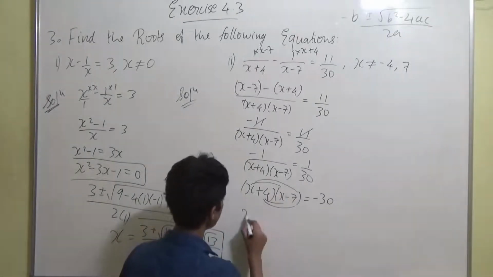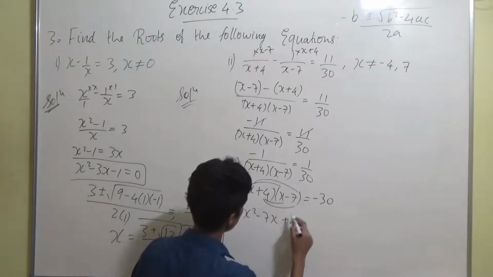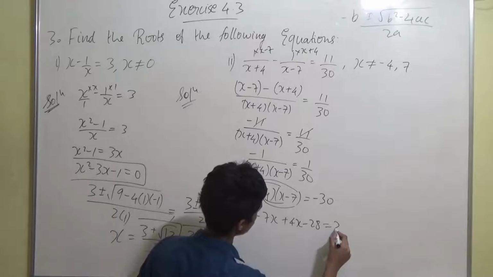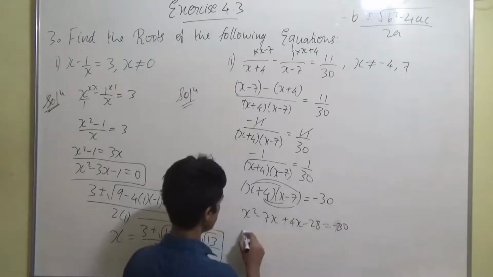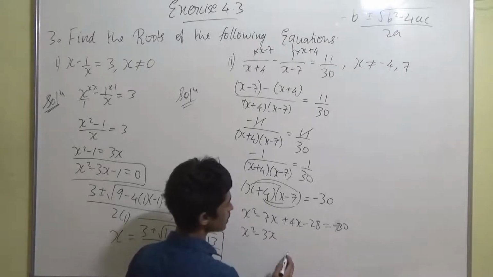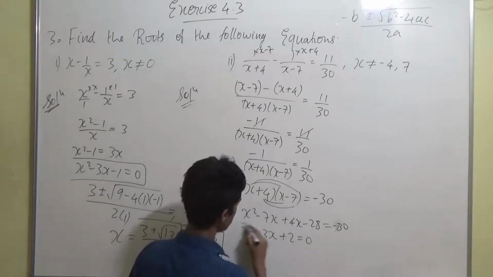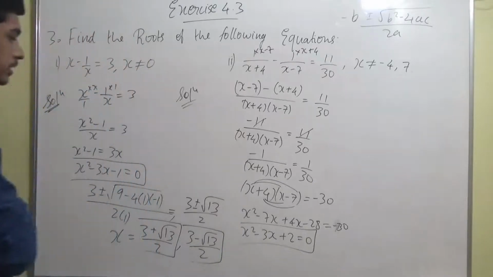It will become x square minus 7x plus 4x minus 28 equal to minus 30. So this will become x square minus 3x. When minus 30 comes to the LHS, it will become plus 30. Minus 28 plus 30 will become plus 2 equal to 0. This will be your final equation.